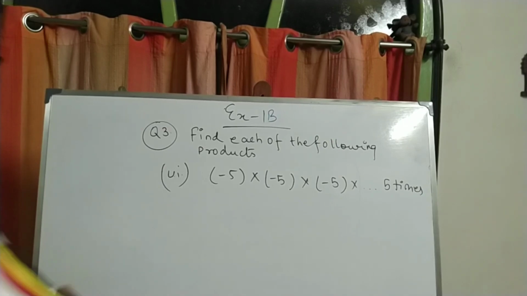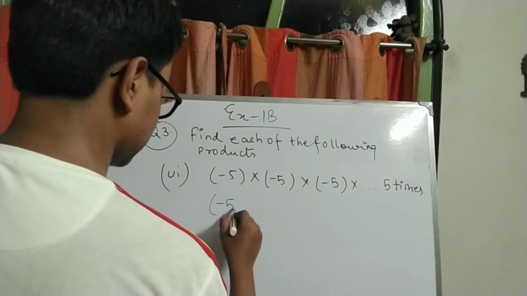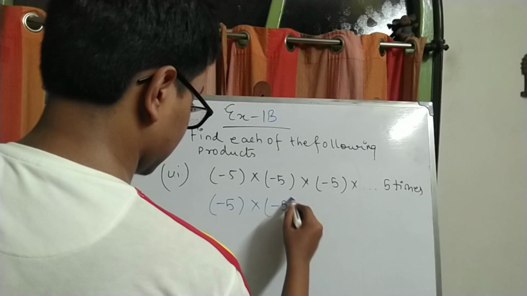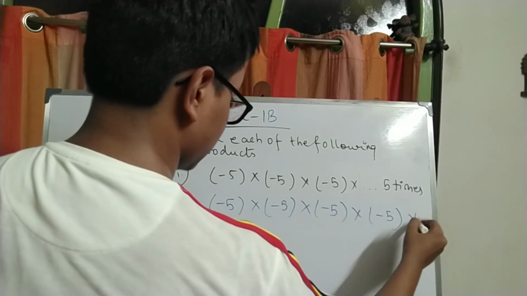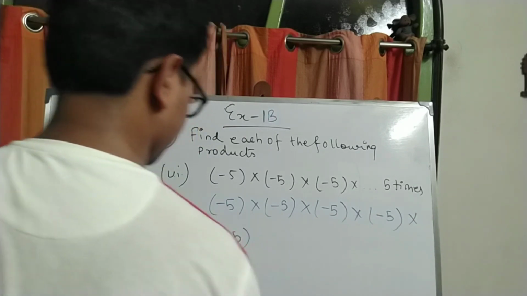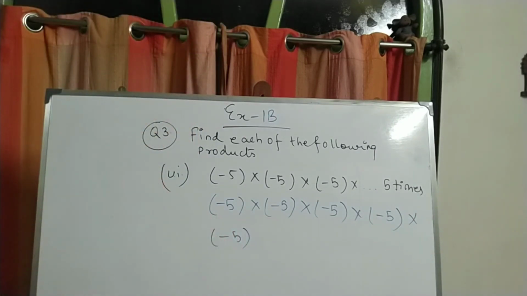Now I will write minus 5 5 times. Minus 5, minus 5, minus 5, minus 5 and minus 5. 1, 2, 3, 4 and 5.